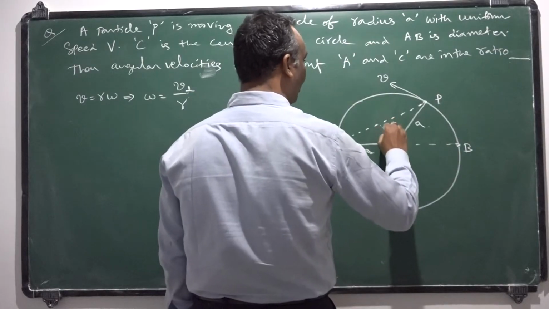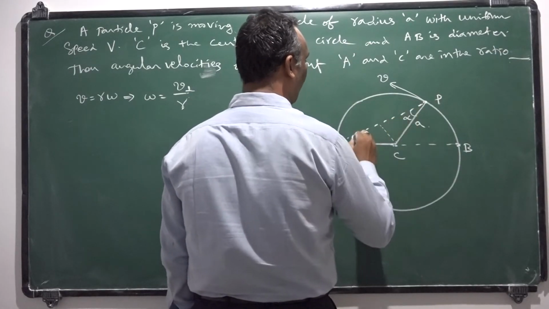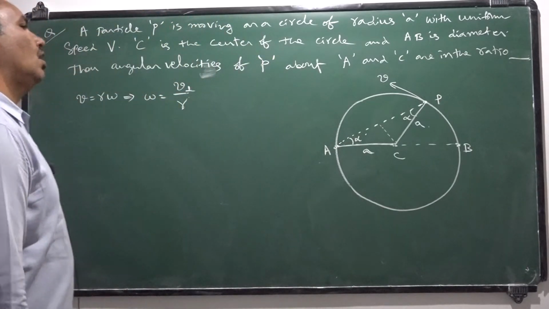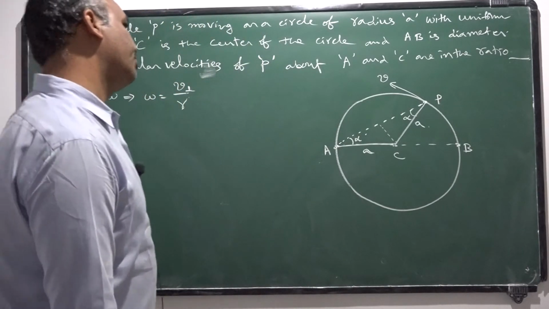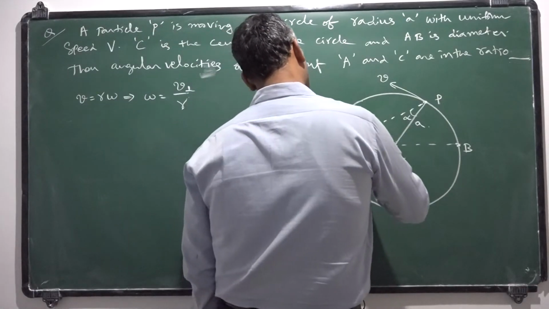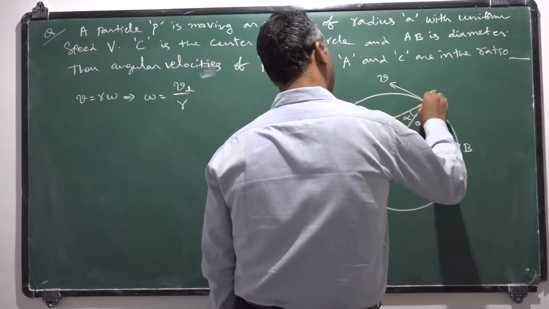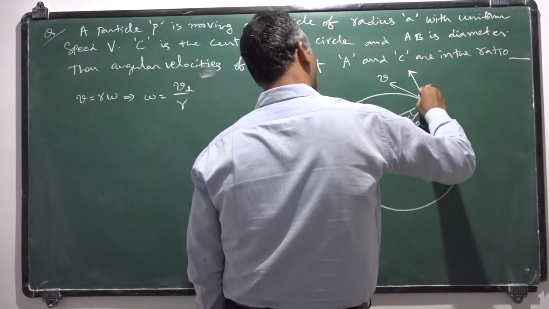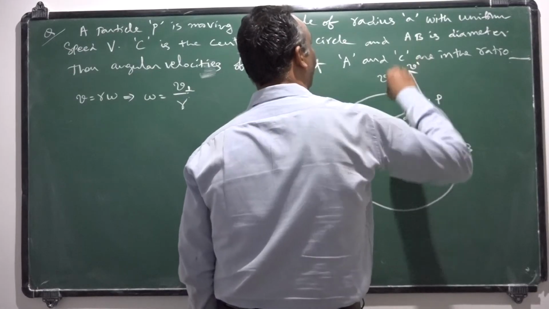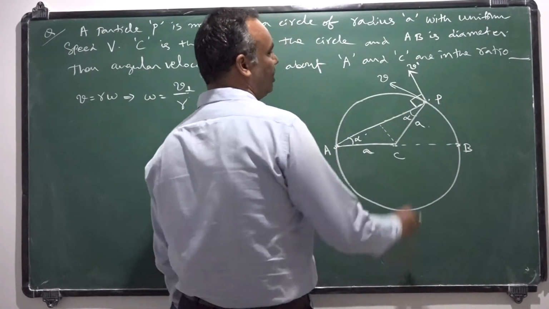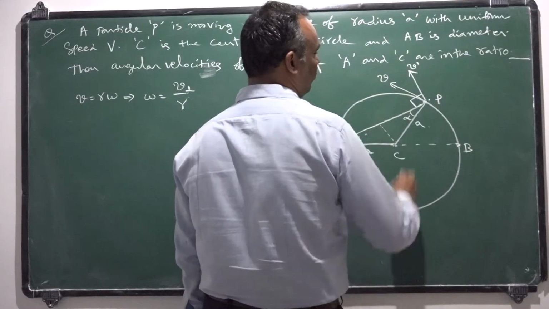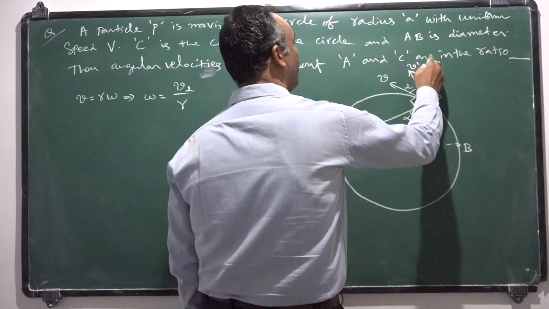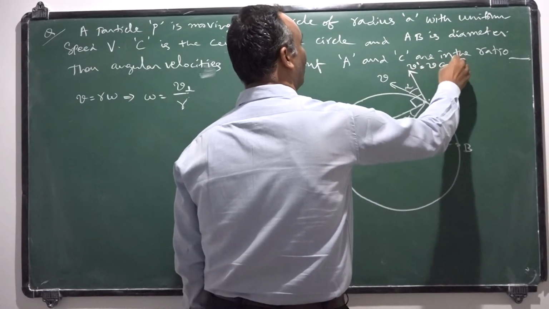Due to the similar triangles principle, if this angle is alpha, this angle also will be alpha. So if I consider this as radius, then I need a velocity V dash in a direction perpendicular to this. For this line it is perpendicular, for this line it is perpendicular, this is also alpha. V dash can be written as V cos alpha.